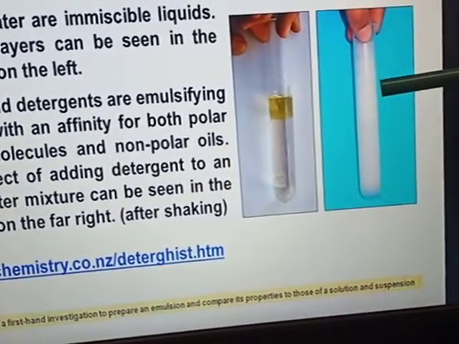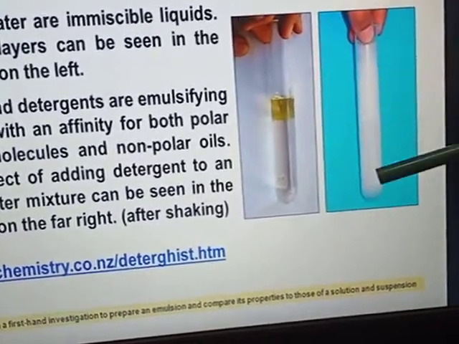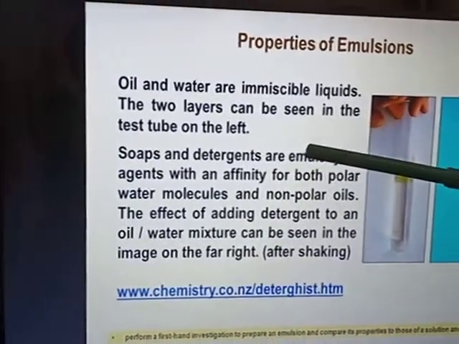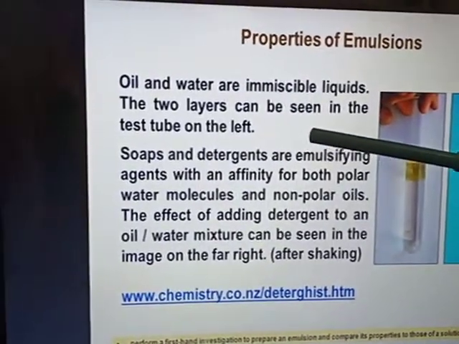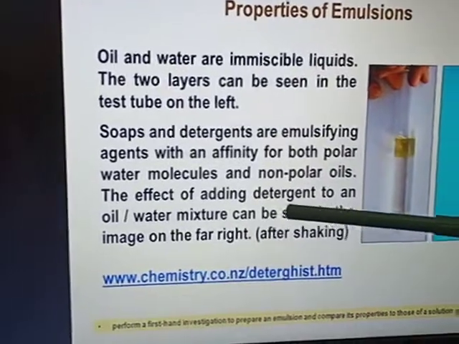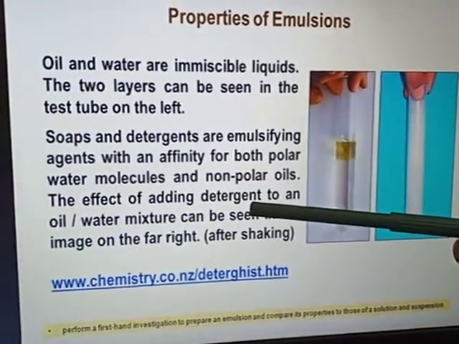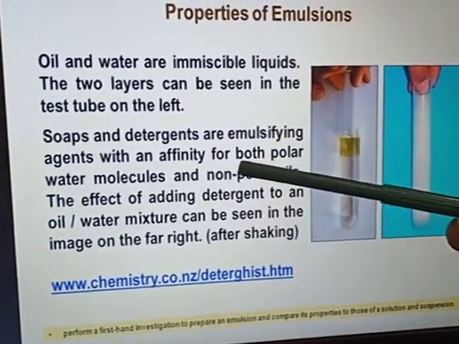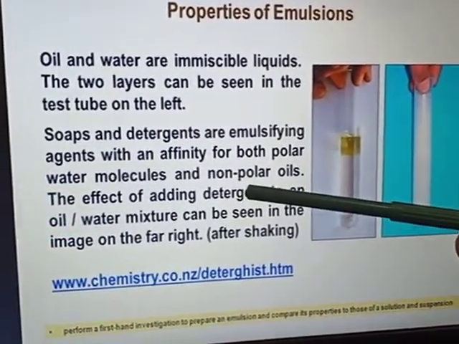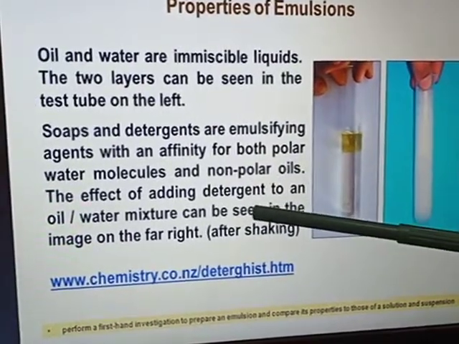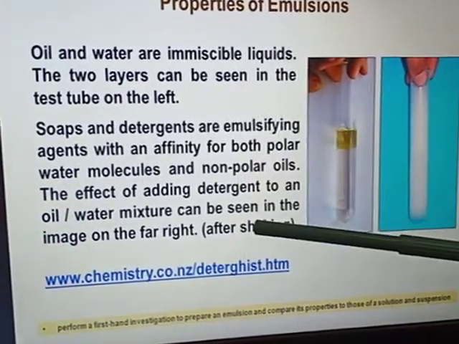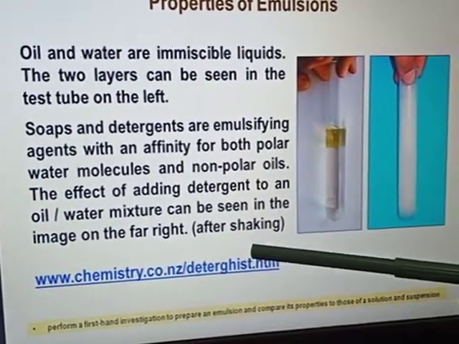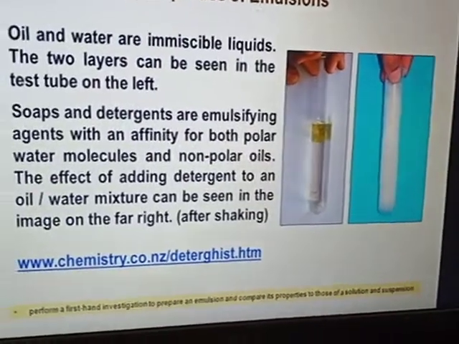Then you have this white-colored substance or mixture. Oil and water are immiscible liquids. The two layers can be seen in the test tube on the left. Soaps and detergents are emulsifying agents with an affinity, or chemical activity, for both polar molecules and non-polar oils. The effect of adding detergent to an oil and water mixture can be seen in the image on the far right.